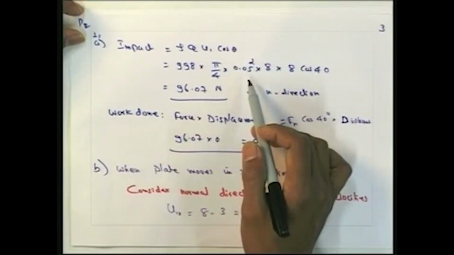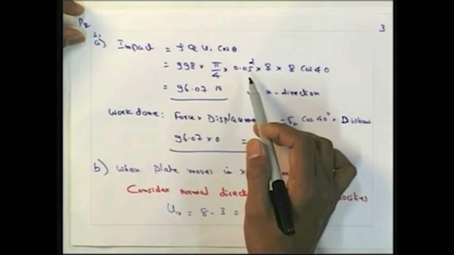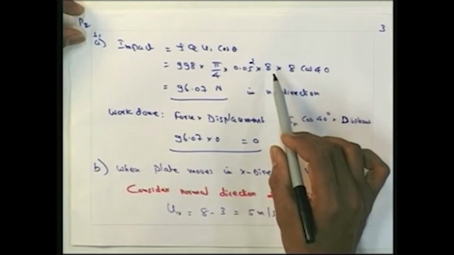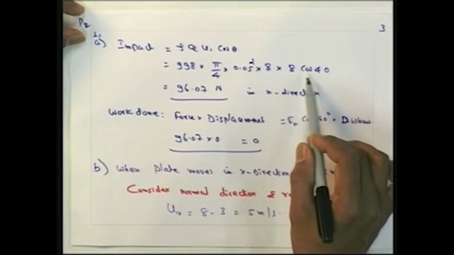Now the impact can be calculated for case A, when the plate is stationary. Impact is equal to rho q into u1 cos theta. So rho is 998, into q, which is pi by 4 into the diameter of the jet, 0.05 squared, into u1, which is 8, into 8 cos 40.